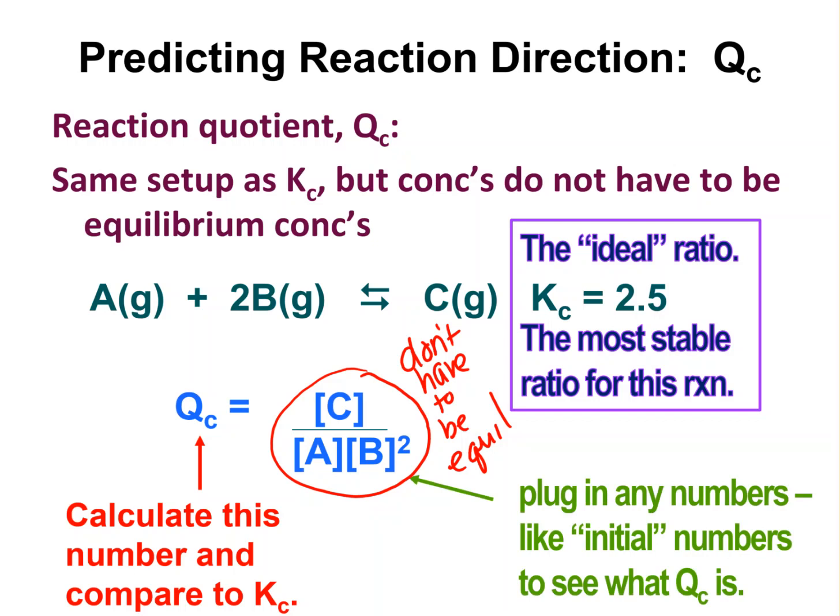It's helpful to think of that number as an initial value, but then as it reacts, that is a measure of how far you are from KC. And when the concentrations get to where this number is the same as the equilibrium constant KC, that's where the reaction is at equilibrium, and it will stop going one way over the other.